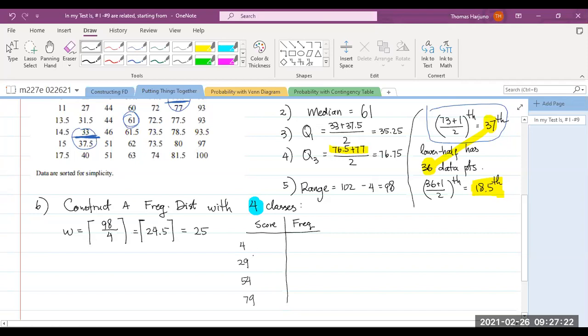Now, because I rounded to the nearest unit, the first upper class limit will be 1 less than that, 29. And then I keep on adding the class width.